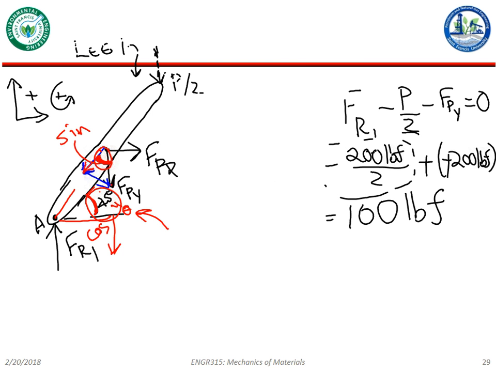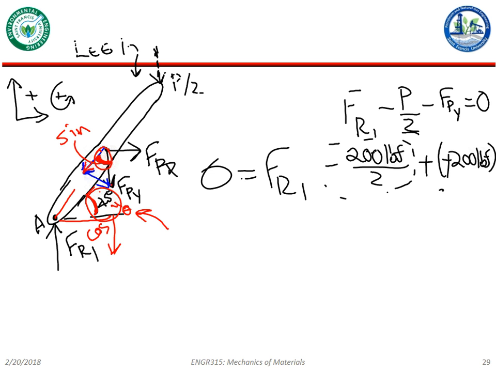Okay, wait, I understand that that has to be positive, but negative 200 over 2, negative 100 plus 200. So let's draw this out for one more step. You're right: FR1 minus 100 lbs equals 0. Solve for FR1.